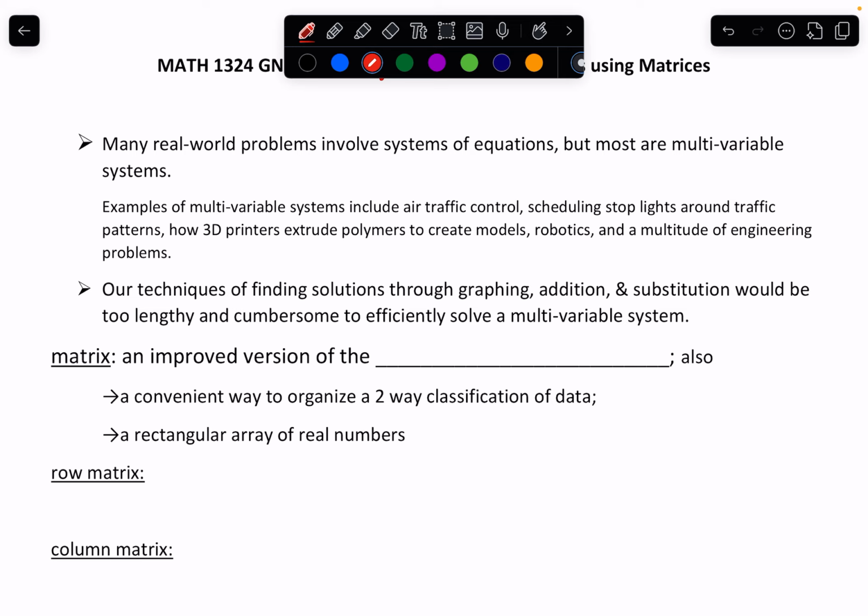So we're going to use a matrix, which is an improved version of the addition method. It is also a convenient way to organize a two-way classification of data, a rectangular array of real numbers.